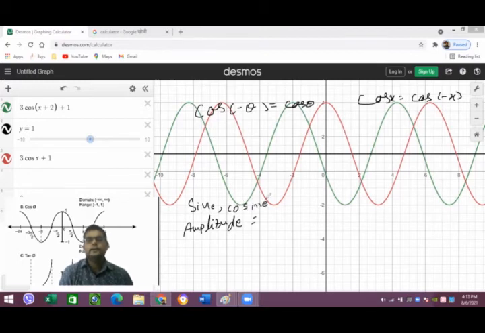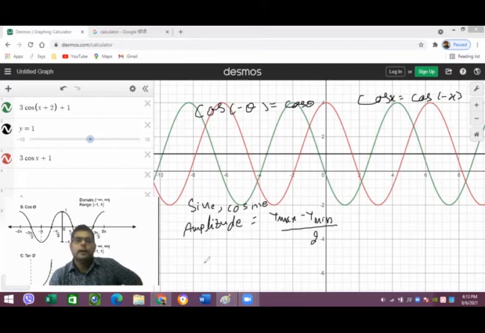So in order to find the amplitude from the graph, what you can do actually is y maximum minus y minimum divided by 2, and the translation or slide along the y-axis will be C. That is, translation along the y-axis will be C, and that will be given by y maximum plus y minimum by 2.